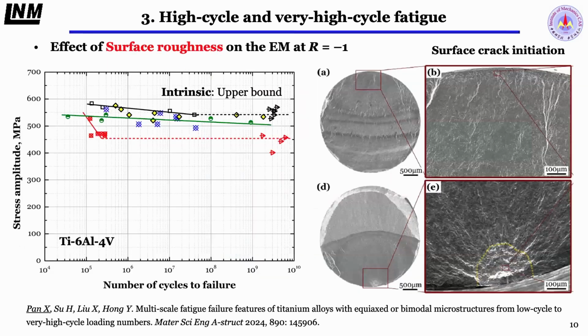We also talk about the specimen surface roughness on the equiaxed microstructure. We can see the different roughness effects, but the fracture always starts from the specimen surface, and the upper border is called the intrinsic one.